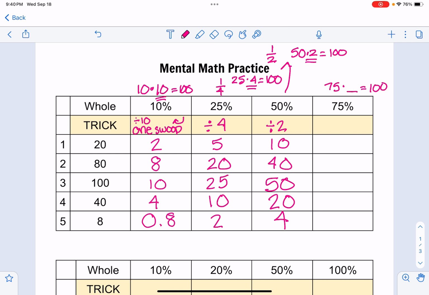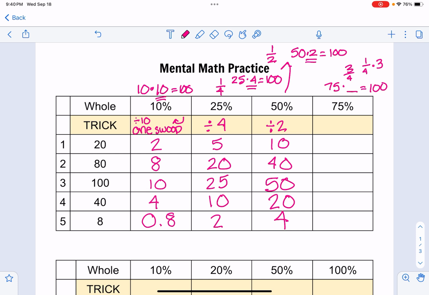For 75%, we are thinking of the fact that 75% relates to 3/4. And our trick here is going to be to find 1/4 of the number and then multiply by 3. That's going to get us 3/4.